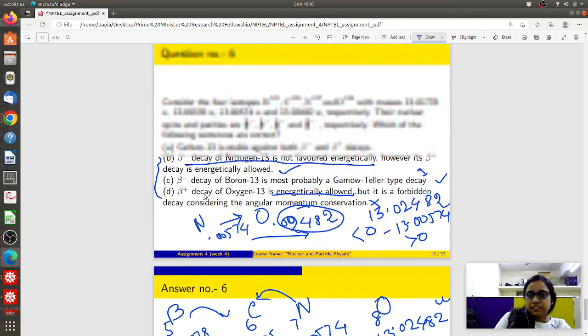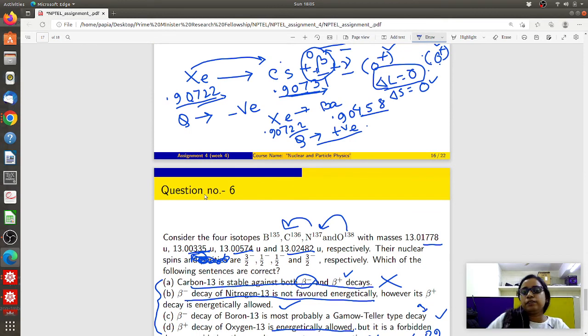The second last question and the previous question are very similar, so that's why in the last question I did not take that much time. So I think you all can understand.